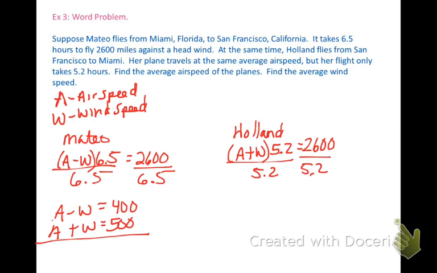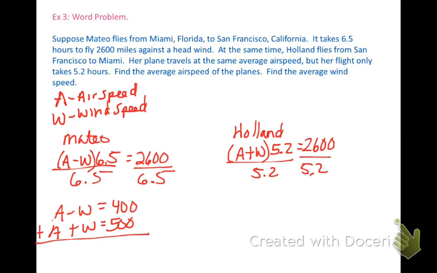Looks like elimination would be the best way for this one. Now, I can get rid of A's by subtracting them, or I can get rid of W's by adding them. Well, I like adding so much better than subtraction. So I'm going to add the numbers.